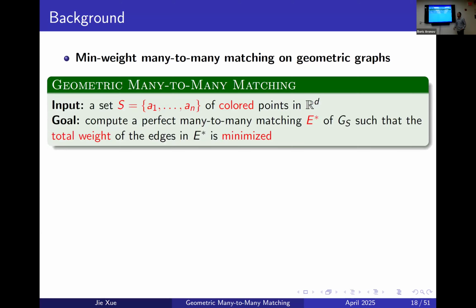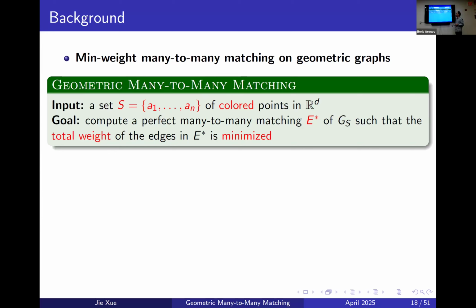Okay, so our task is to solve a problem called the geometric many-to-many problem. We want to solve the minimum weight many-to-many matching problem in a geometric graph. In this problem, we are given a set of colored points in some Euclidean space, which defines a geometric graph.